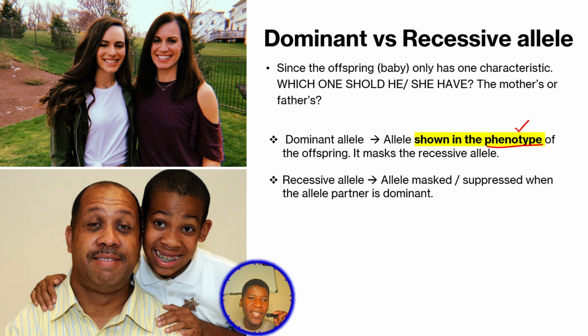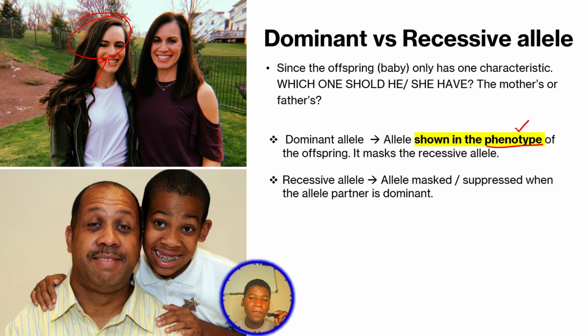So this baby here has the same skin color as her mother because her mother's allele was dominant over the father's allele. The dominant allele determines how the baby will look, because the phenotype is all about how you look physically. So a dominant allele is the one that is shown in the phenotype.